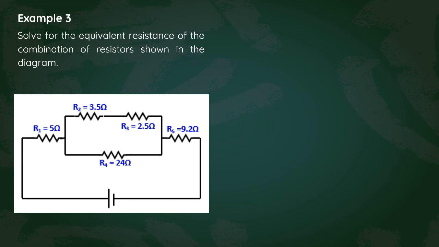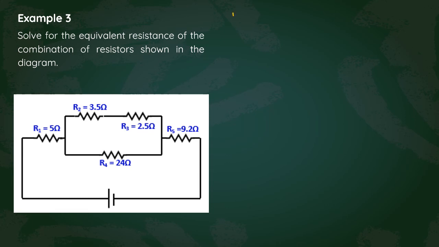So in this case, when we look at the circuit, we can certainly solve the equivalent resistance of R2 and R3, because they are in series with each other, without any other paths or components between them.